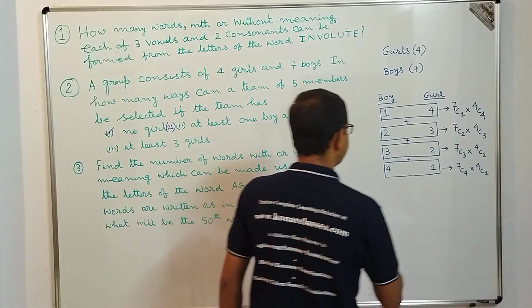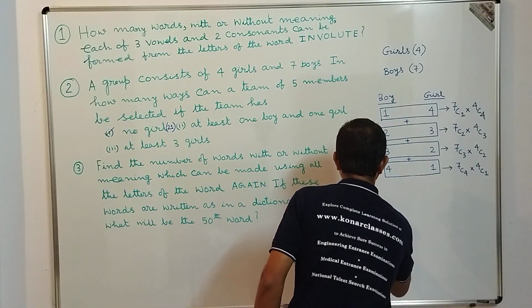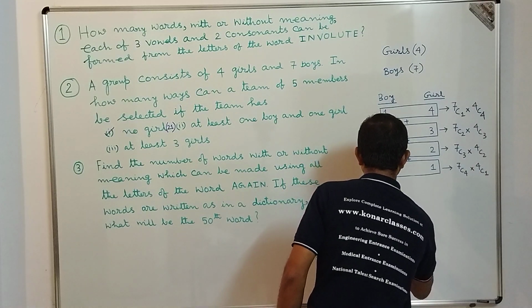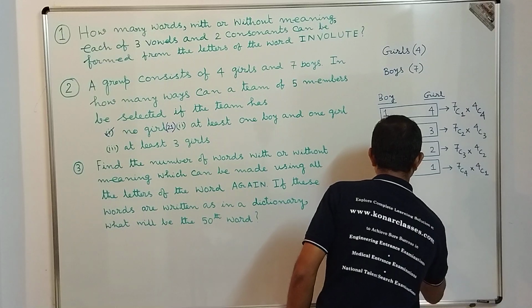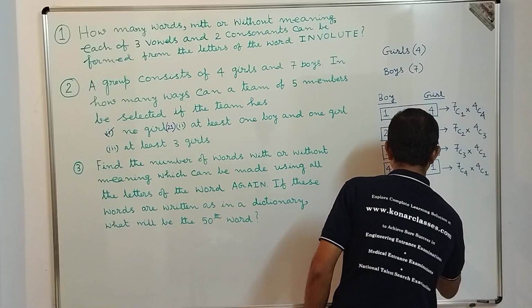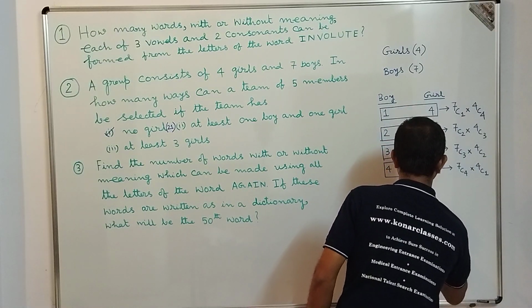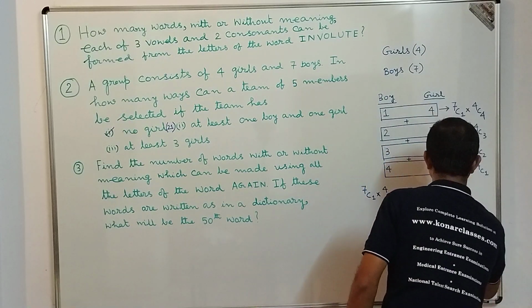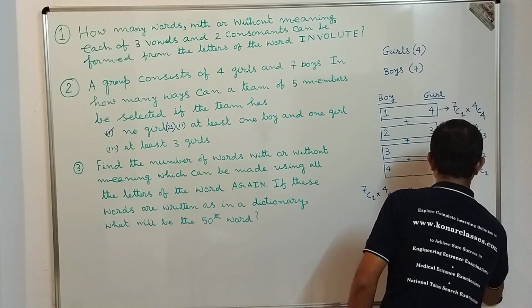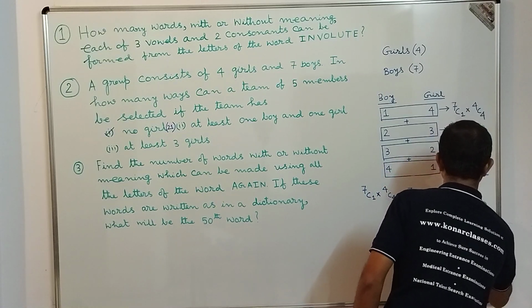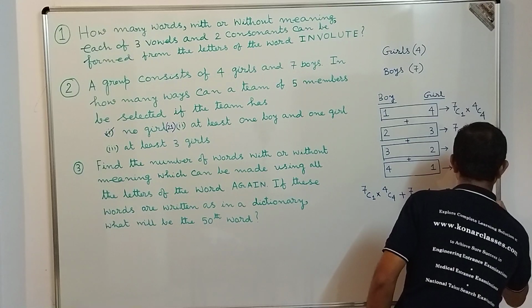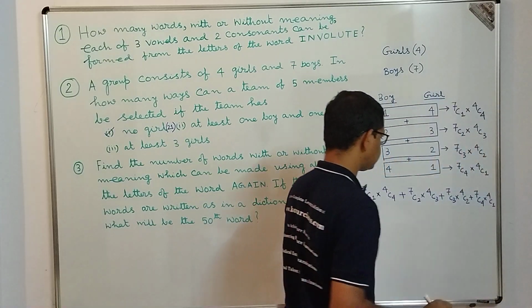So what is the required number then? The required number is 7C1 into 4C4 plus 7C2 into 4C3 plus 7C3 into 4C2 plus 7C4 into 4C1.